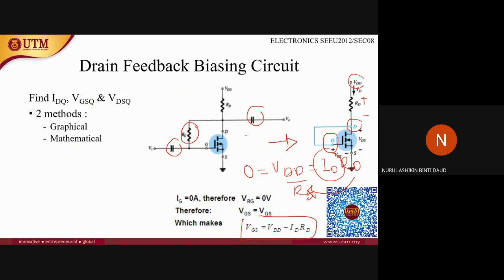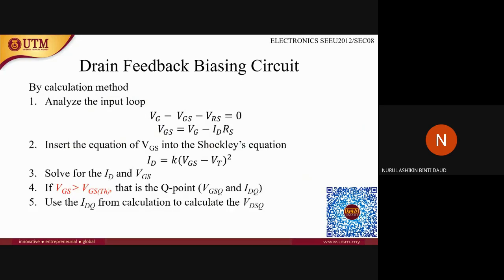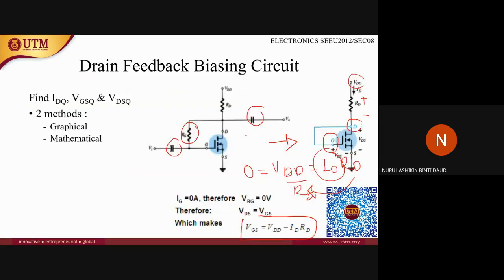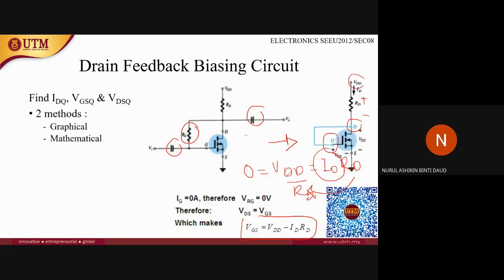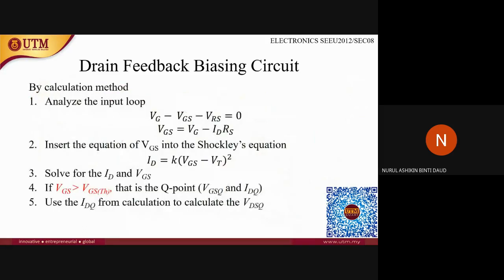The input loop is at this point. It will be based on Kirchhoff's voltage law. VG, which is positive, minus VGS, which is the gate and source voltage, minus VDS. Sorry, there is no RS, so this is VDS.